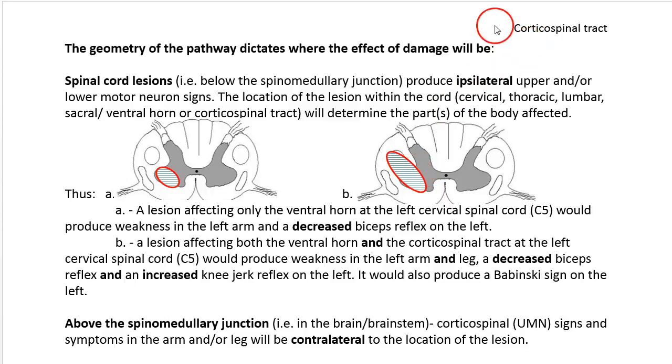That is, damage to the corticospinal tract in the brain on the right-hand side will produce hyperreflexia on the left-hand side and weakness on the left-hand side. That is contralateral to the site of damage in the corticospinal tract above the spinal medullary junction.